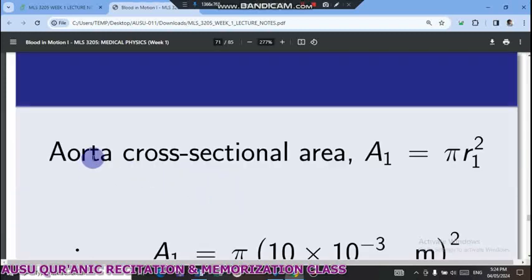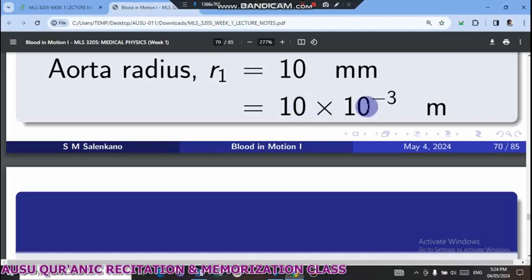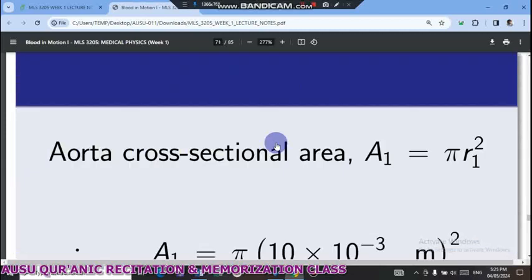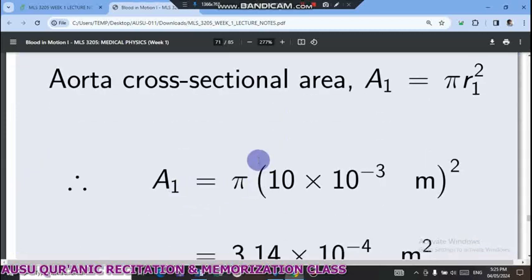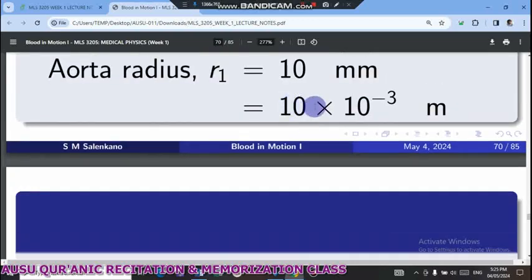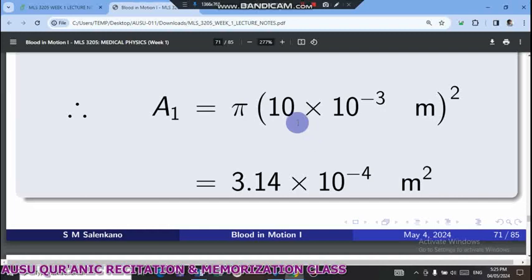Aorta cross-sectional area: this is the formula you use to calculate the aorta cross-sectional area. A1 is equal to pi R1 squared. Pi is a constant, so my A1 is pi times this R1, the one I converted here, with the unit, in brackets.